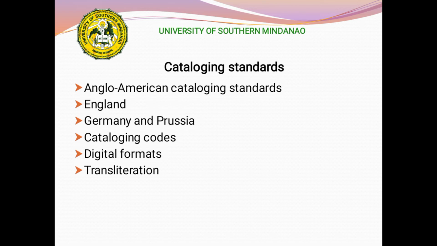Next is cataloging codes. Cataloging codes prescribe which information about a bibliographic item is included in the entry and how this information is presented for the user.